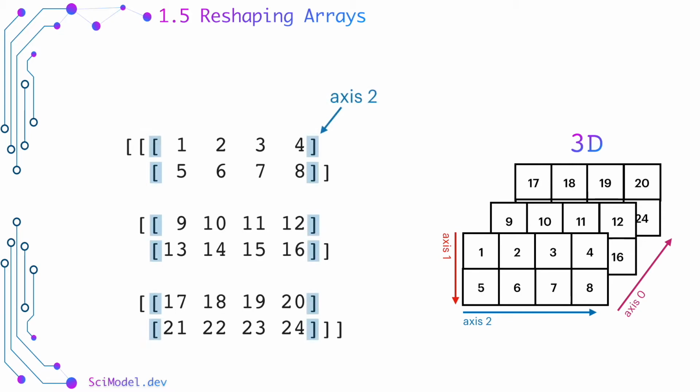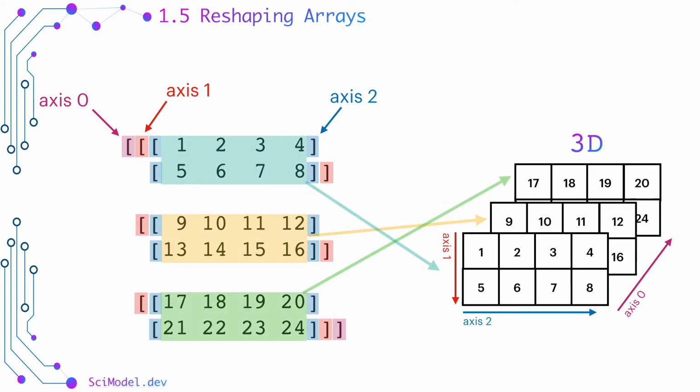Axis 2 encompasses row values, so each row is fitted within the blue brackets. Axis 1 encompasses multiple rows, so the red brackets encompass multiple blue brackets. Lastly, axis 0 encompasses the groups of rows in the third dimension with the pink brackets. Understanding this bracket order is crucial to understanding NumPy array reshaping.